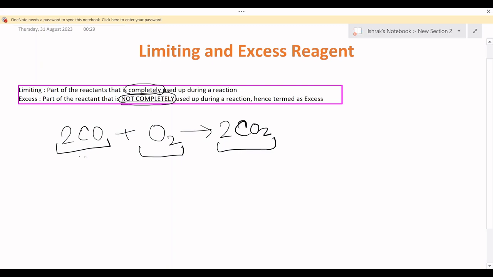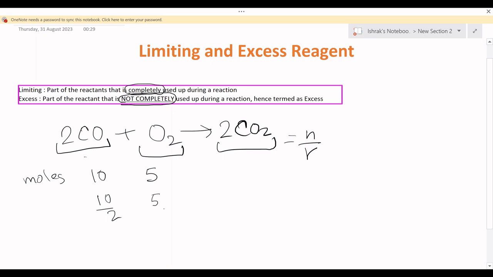Now, let's try using some moles. We will put just some random numbers to have a good understanding. Using the formula that I gave you before, remember, moles divided by the stoichiometric coefficient, we have 10 divided by 2, which is 5, and since there's nothing written here, the coefficient is 1, so this becomes 5 and 5.